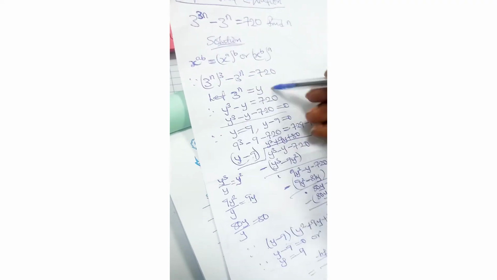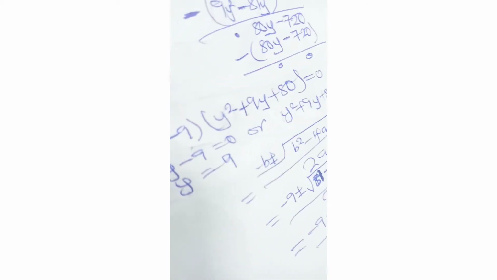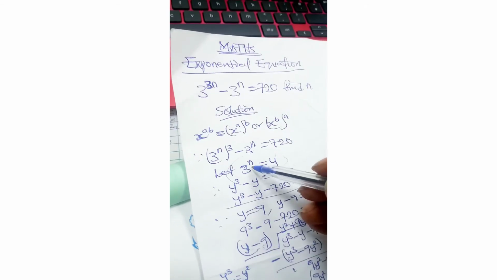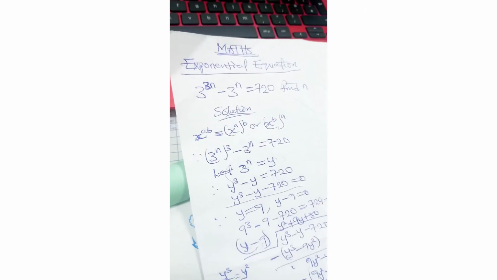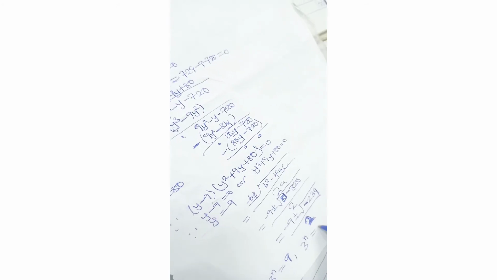We have 3 raised to power n is equal to y, where y is equal to 9. Now we replace that with 9. Then 3 raised to power n is equal to 9, which is 3 raised to power 2. Then this will cancel this, and we get n equal to 2.